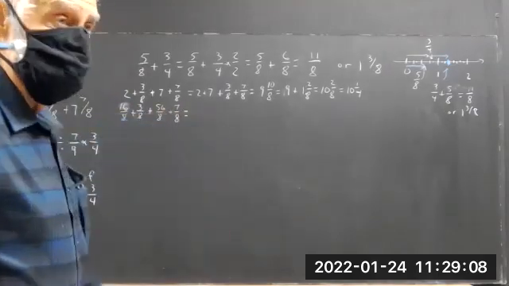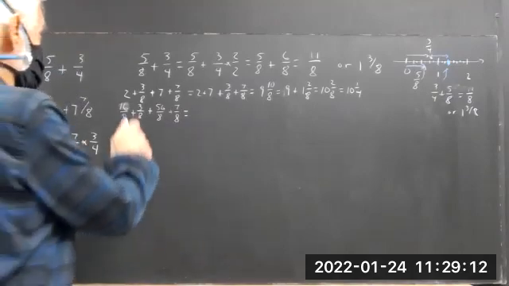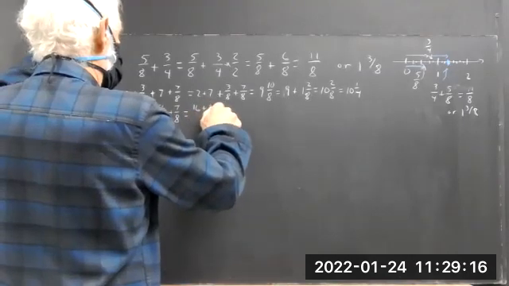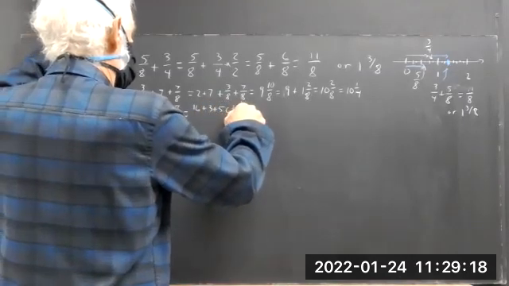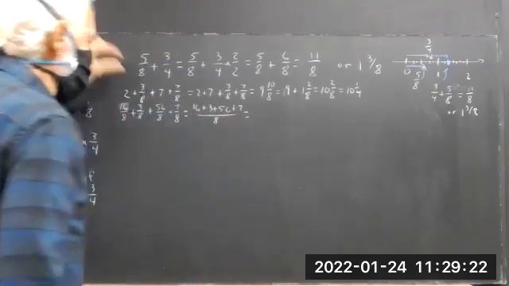Okay, well, all these are 8s. So we just count how many of them we have. We have 16 plus 3. I'm going to write it out in detail. 16 plus 3 plus 56 plus 7 divided by 8. Well, what's that?